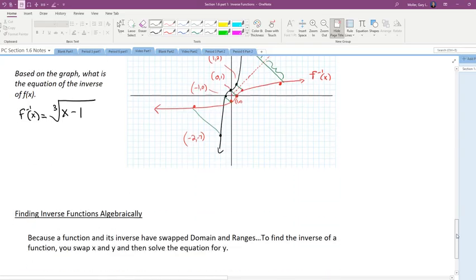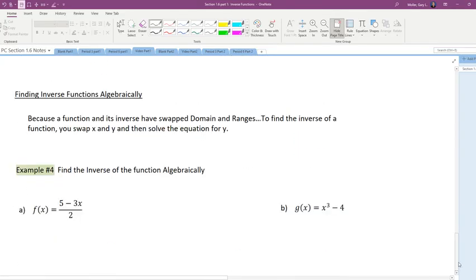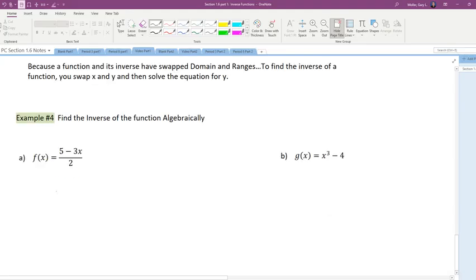All right. And finally, this is what I was starting to talk about earlier. We're going to do what we just did. When we graph those functions, we just swapped x and y. So if we want to find the inverse function algebraically and formally versus informally, all we're going to do is take the given function.